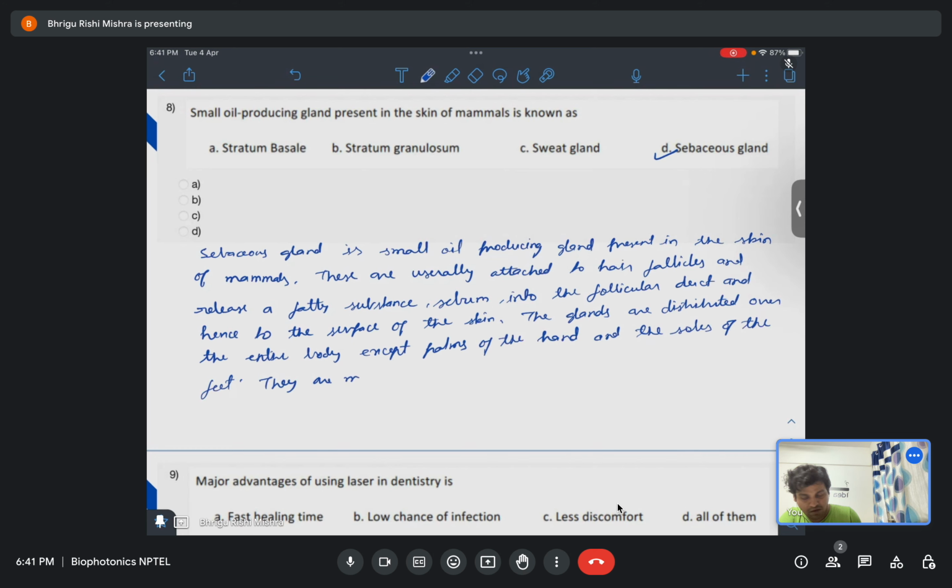They are most abundant on the scalp and face. So this is the general information about the sebaceous gland.